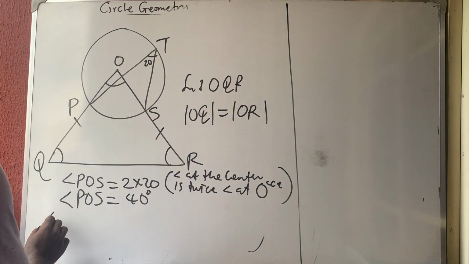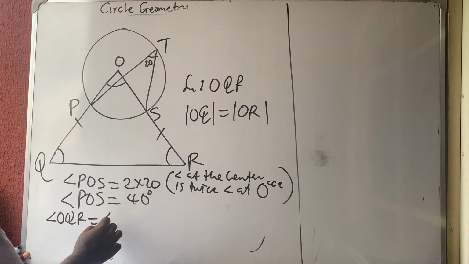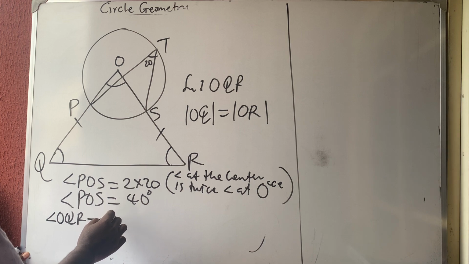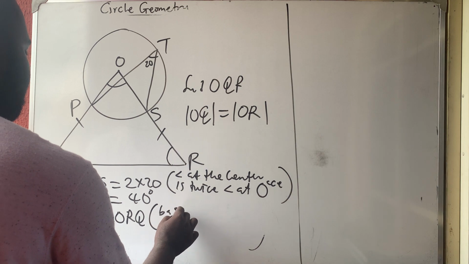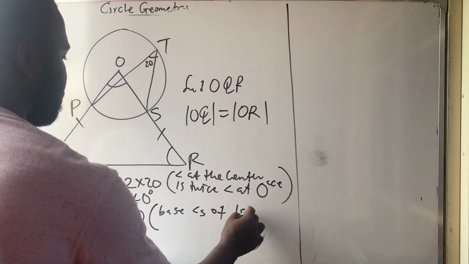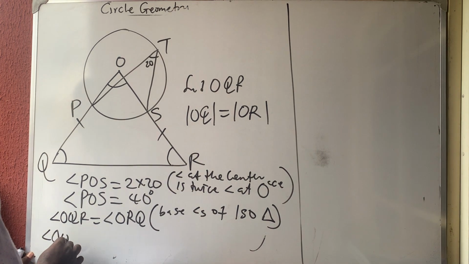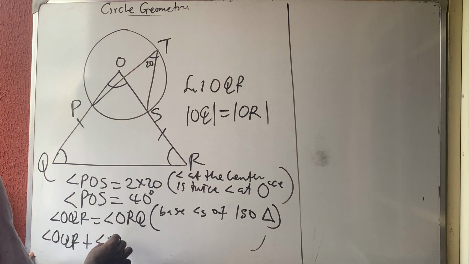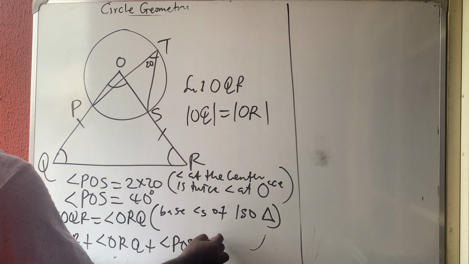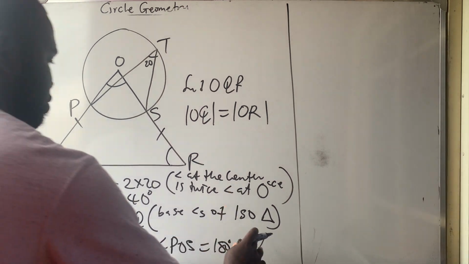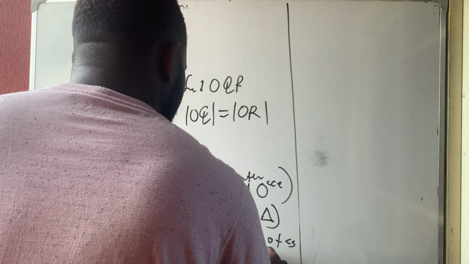So we can tell them that angle OQR is equal to angle ORQ. My reason is the base angles of an isosceles triangle. Then angle OQR plus angle ORQ plus angle POS is equal to 180 degrees. My reason: sum of angles in a triangle.